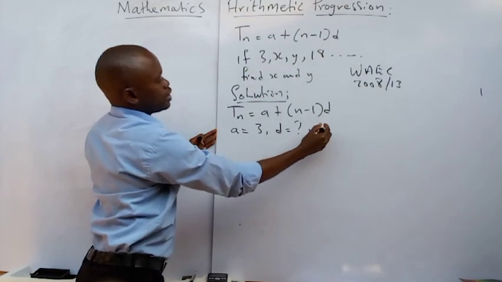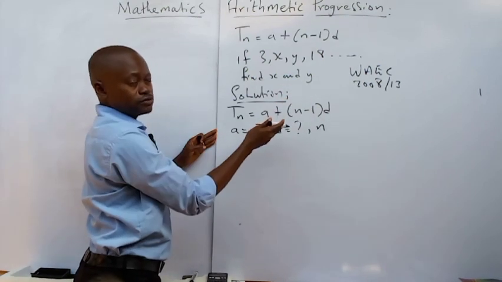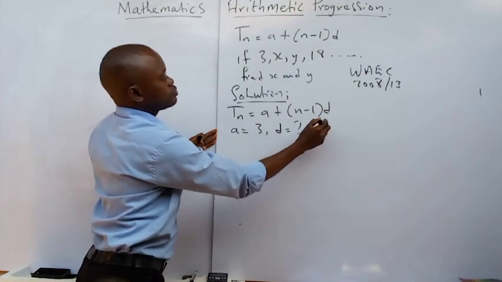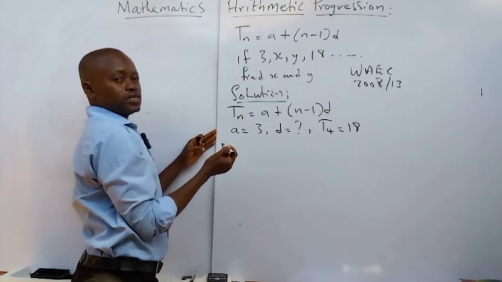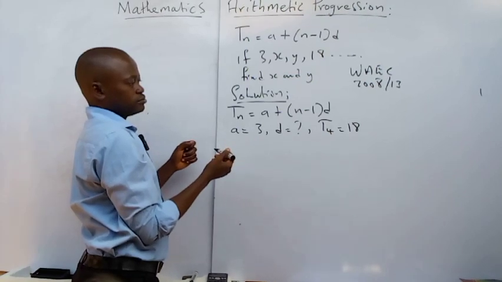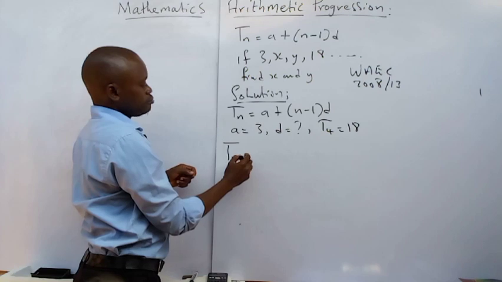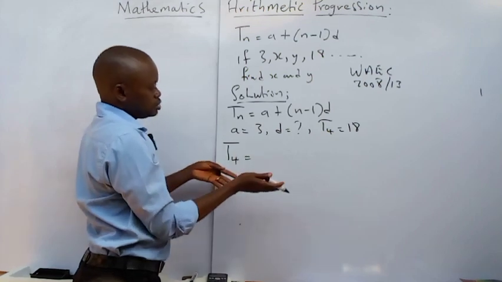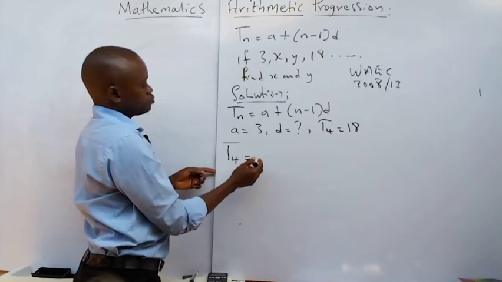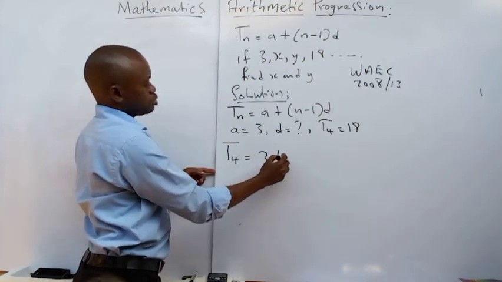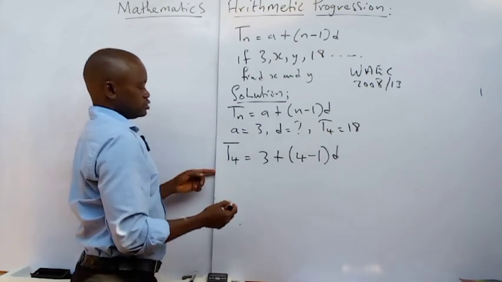The term in position 4 is known, so you can say that T4 is 18. With that T4 we can do something. T4 is equal to 3 plus (4 minus 1) times the common difference.